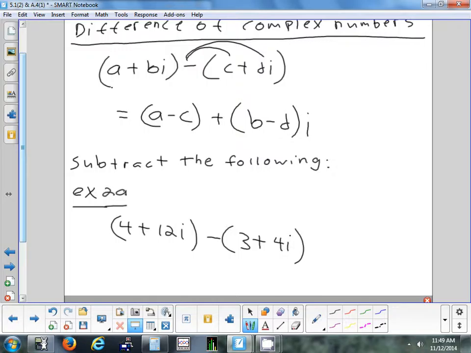Well, I guess maybe 1 plus 8i. Yeah, but that's actually the whole thing. So the real part is 1, so that's good, 4 minus 3. And then the imaginary, 12 take away 4 is 8i. Good. Yep, that's the whole thing.